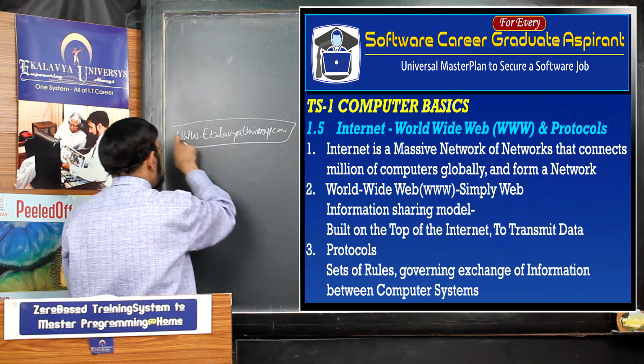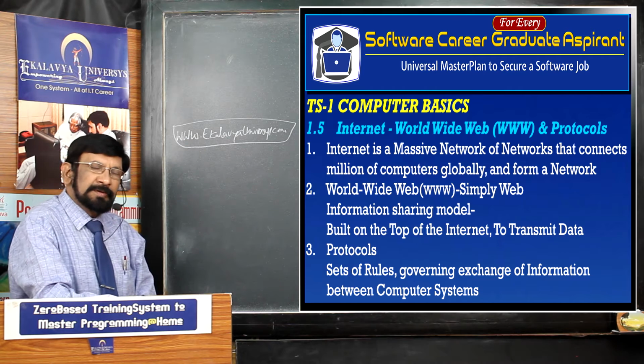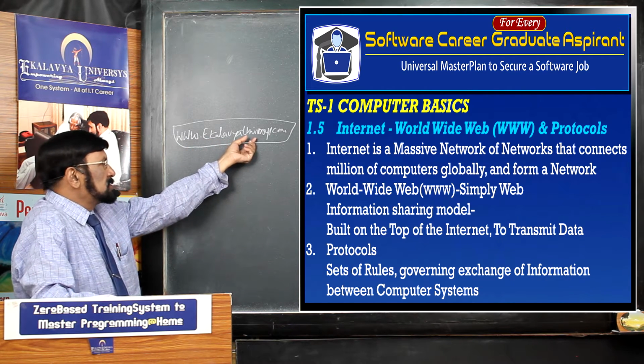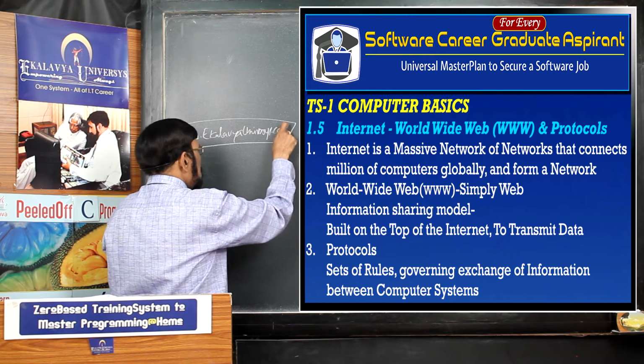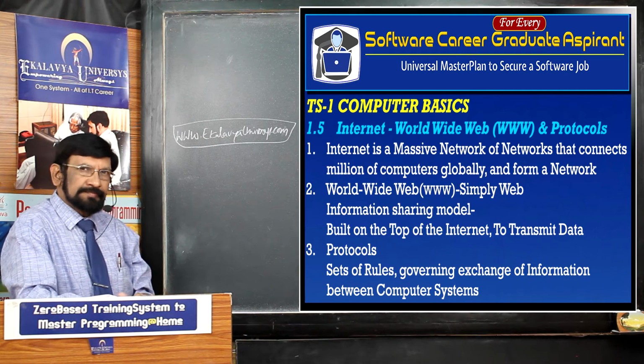One website I developed with this name. www represents World Wide Web, and Ekalavya Universis is the unique name of my website. Com represents that this is a commercial website.